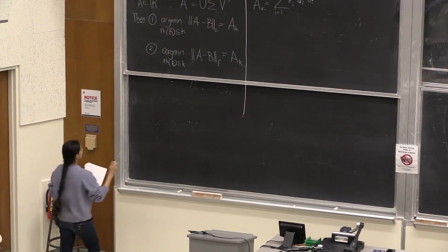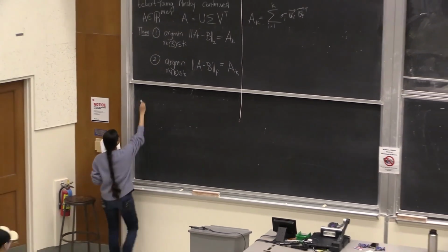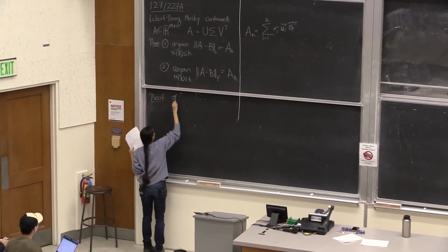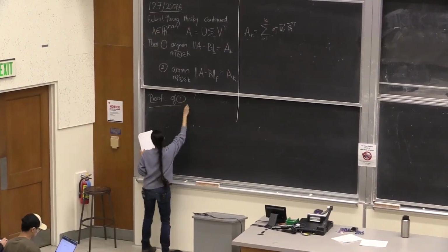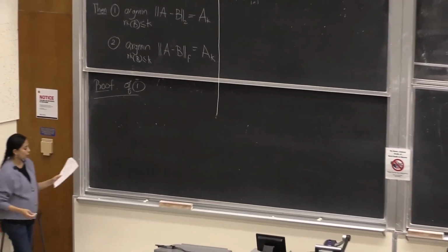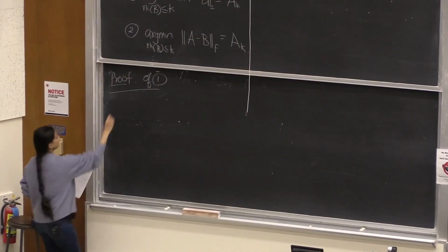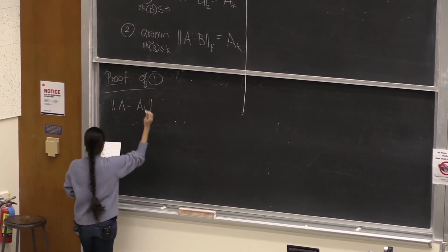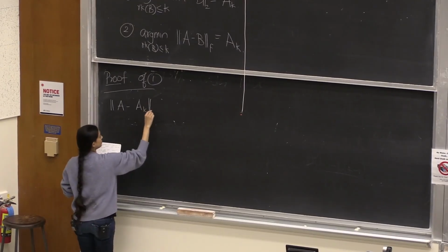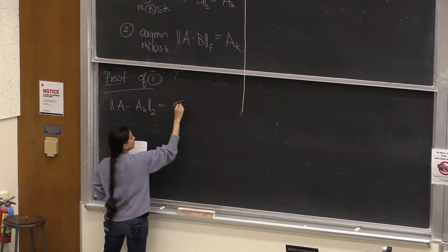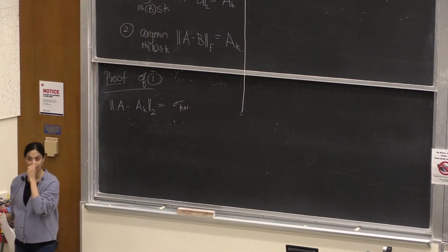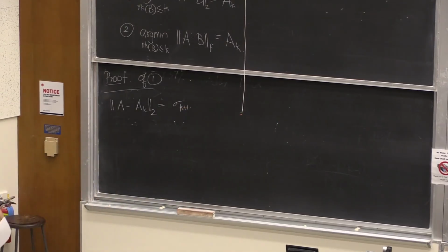And last time we started out with the spectral norm proof. We just had a little bit to finish. How did we start out with that? Well, we noticed that if I look at A minus A_k and I look at the 2 norm of that, this we noticed was the (k+1)th singular value of the matrix A, right?